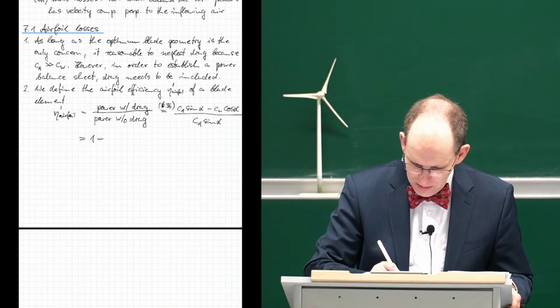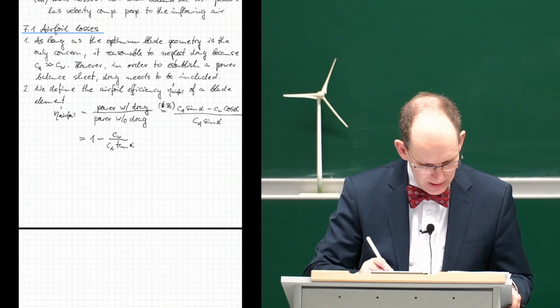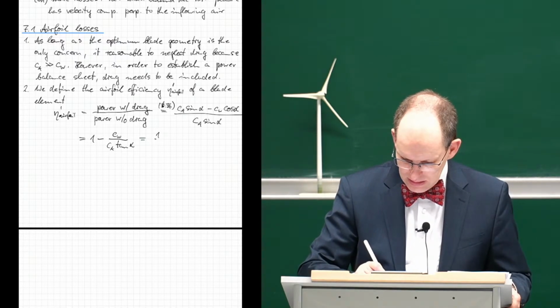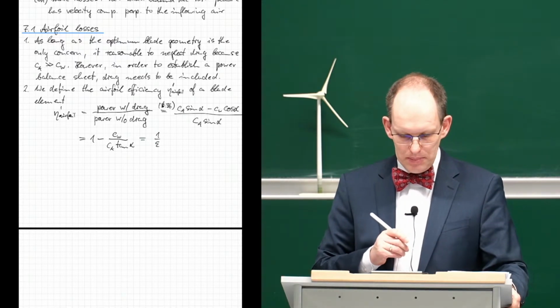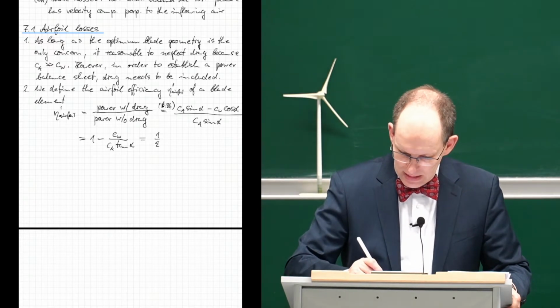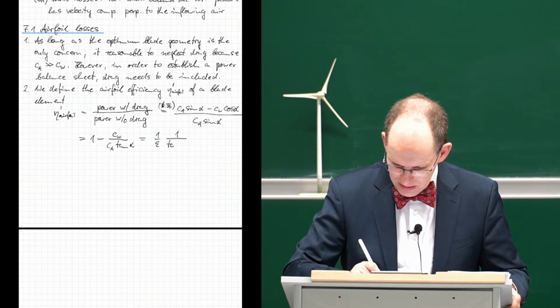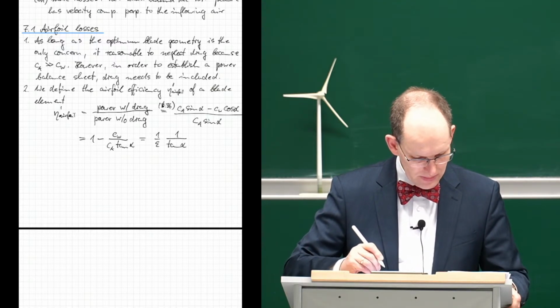So we have 1 minus Cw divided by Ca times the tangent of alpha, and now remember the glide number, which is the ratio of the Cw to the Ca value. This is 1 over epsilon times tangent alpha.